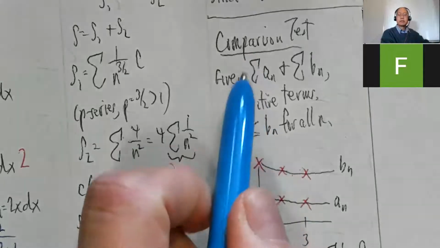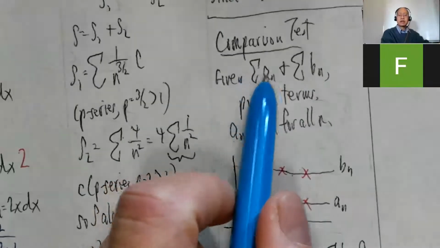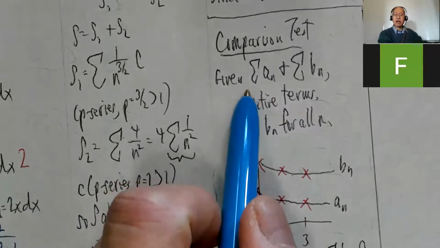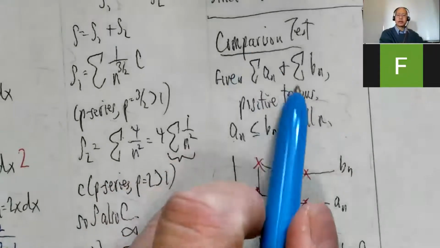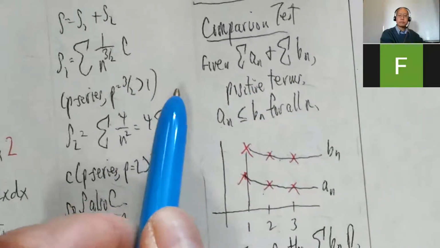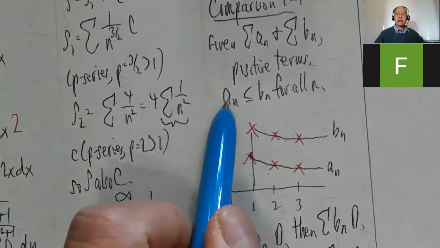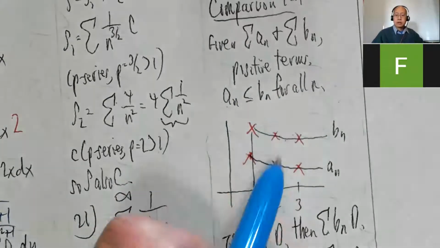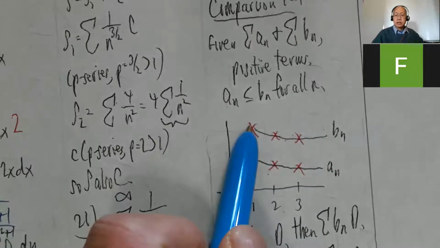Given two series, summation a sub n, summation b sub n, notice the lazy notation, not writing n equals 1 to infinity or 0 to infinity, whatever, and you only have positive terms. Suppose a sub n is less than or equal to b sub n for all n. And so the picture would be something like this.